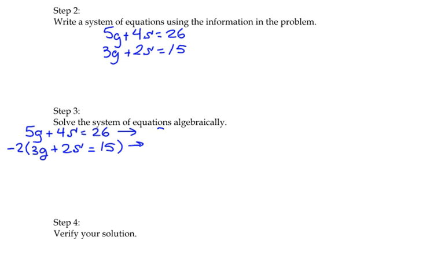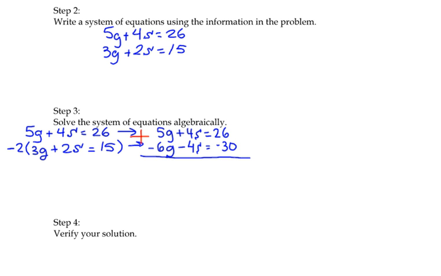So first one stays the same. Next one, negative 2 times 3, negative 6, negative 2 times 2, negative 4, and 15 times negative 2, negative 30. This is what we want. We have the same coefficient opposite sign, so we can add.